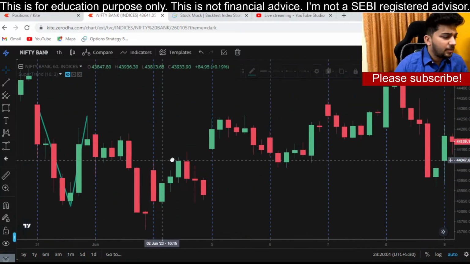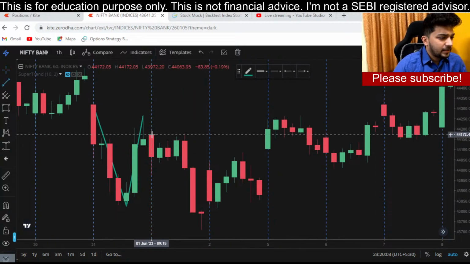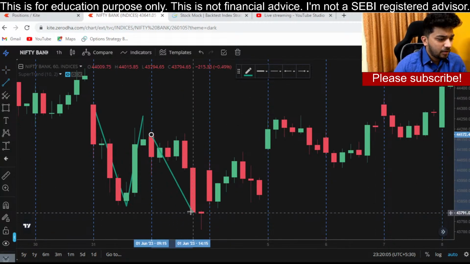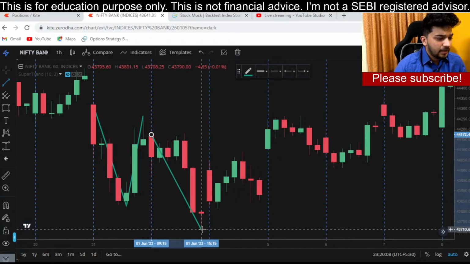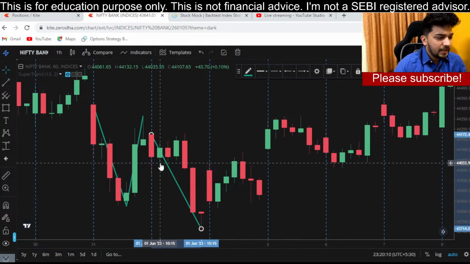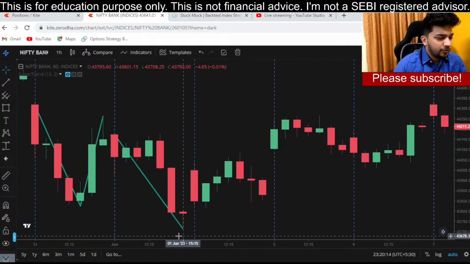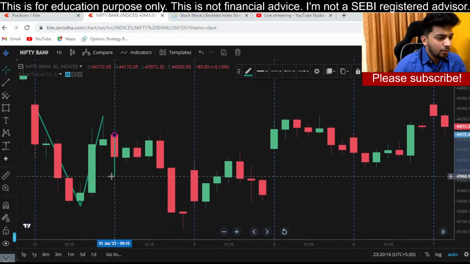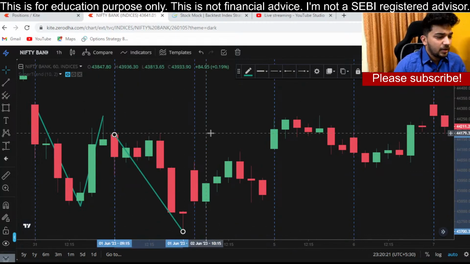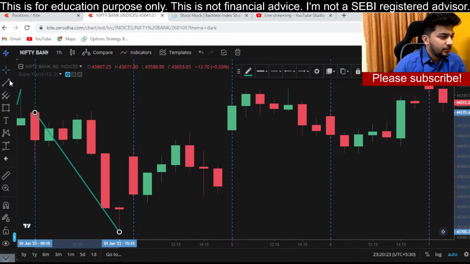Right. Now let's come to 1st June. The market significantly came down, and it stopped here. But in the initial phase itself, we had made a loss in this section because you see this low. If you see this in a 15-minute timeline, you'd be able to see. But look at this.